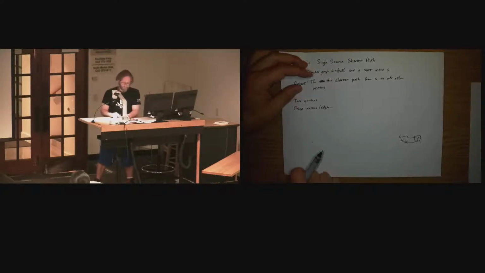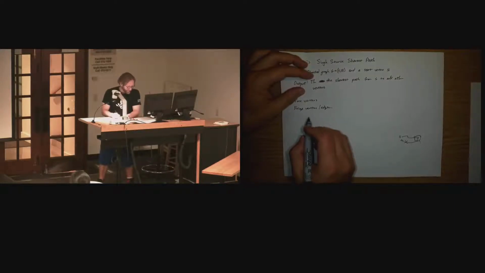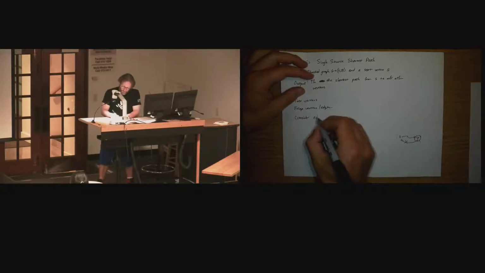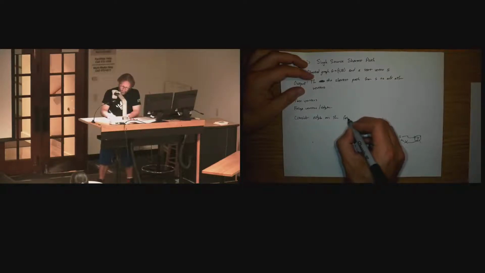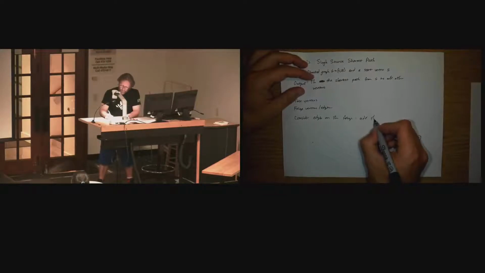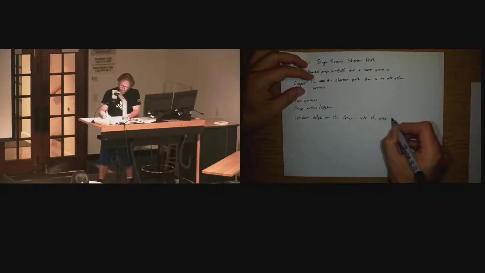Right? Okay, so we've got tree vertices and fringe vertices, and what we're going to do is consider edges on the fringe, and we're going to add the least weighted total edge.